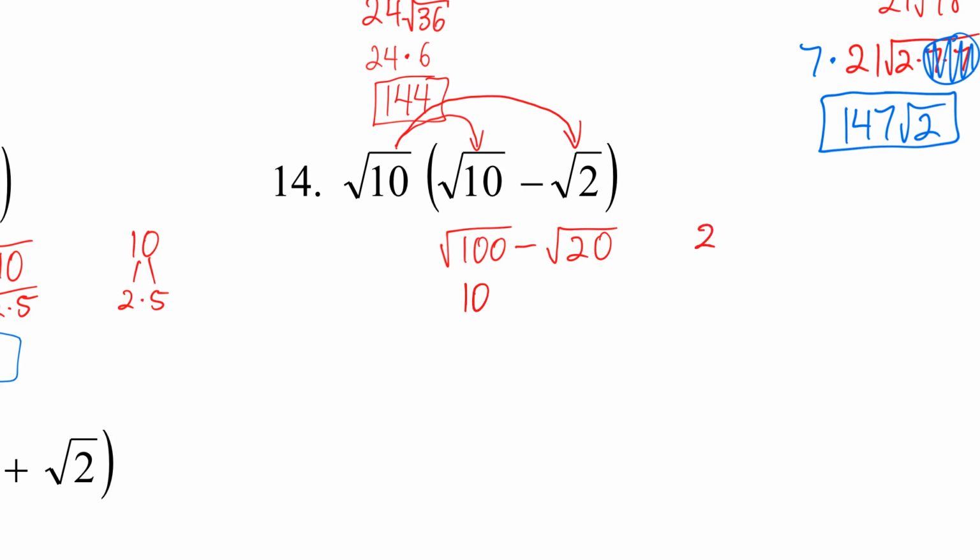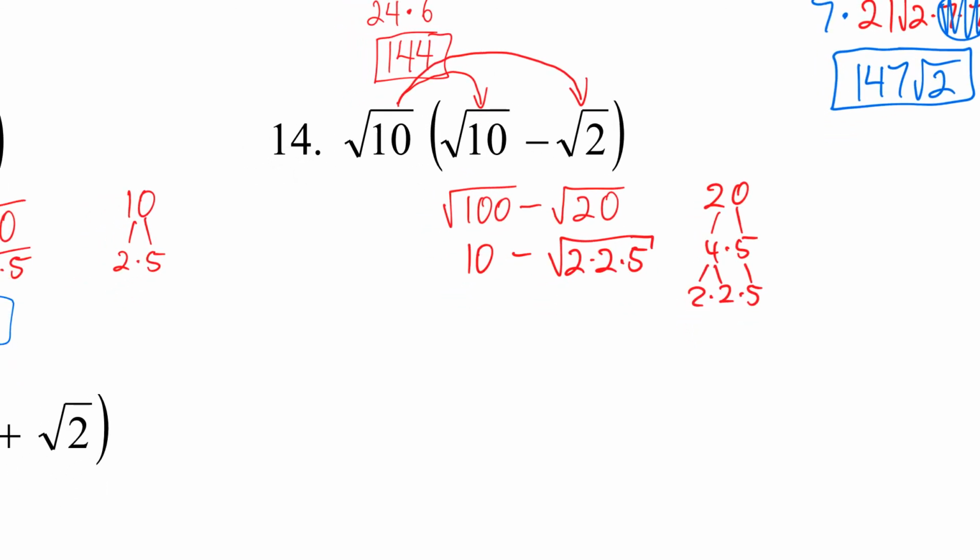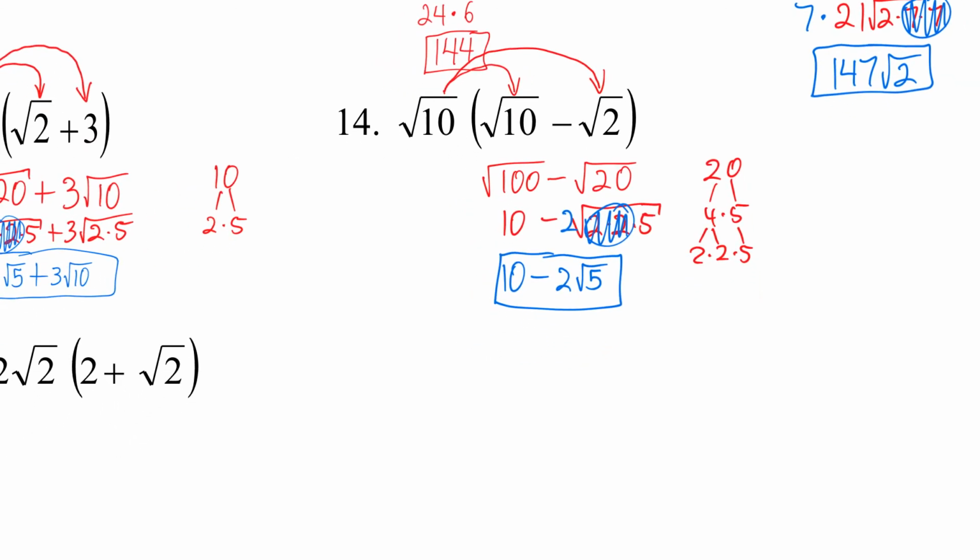Now, 20 breaks down as 4, 5, which is 2, 2, 5. So we got one pair there. So there's a 2 coming out front. So we have 10 minus 2 square roots of 5. Nope, those are not like terms. We could get a decimal or do some other stuff, but we're just going to leave it like that.